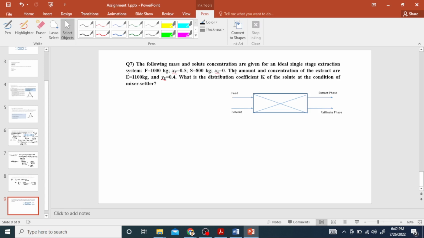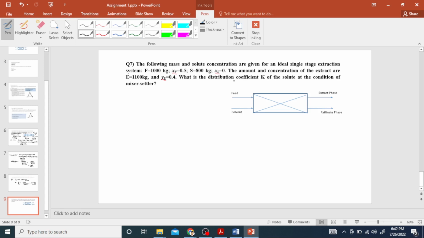The amount of the extract is 1100 kg, and the mole fraction of solute in the extract phase is 0.4. What is the distribution coefficient K of the solute at the condition of the mixer settler?